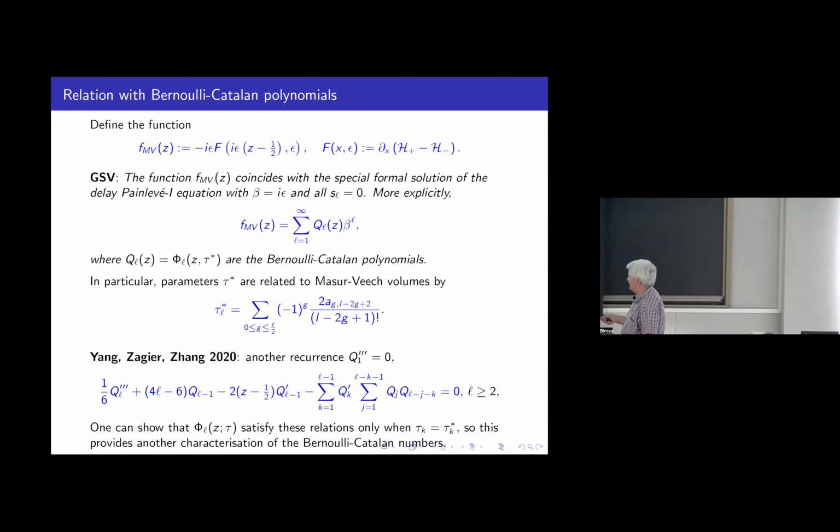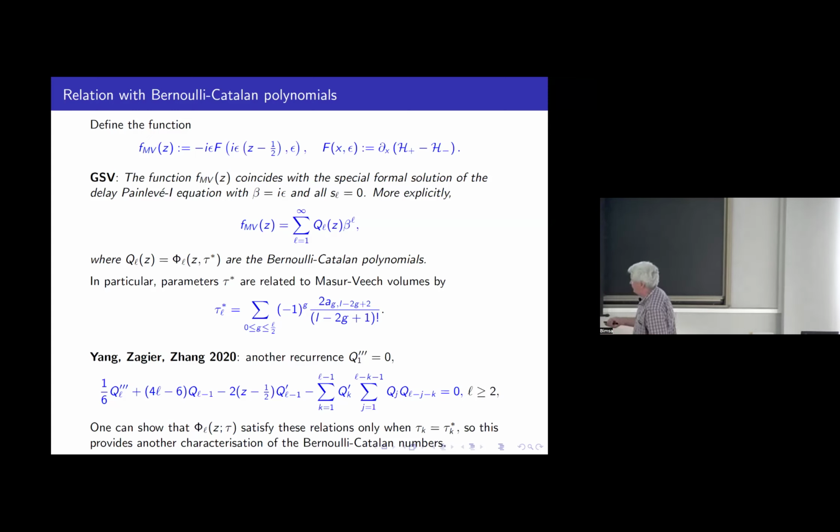So the second equation, which we initially underestimated, is actually a very useful complement to the delay Painleve equation, because in the delay Painleve equation you have in principle arbitrary tau.